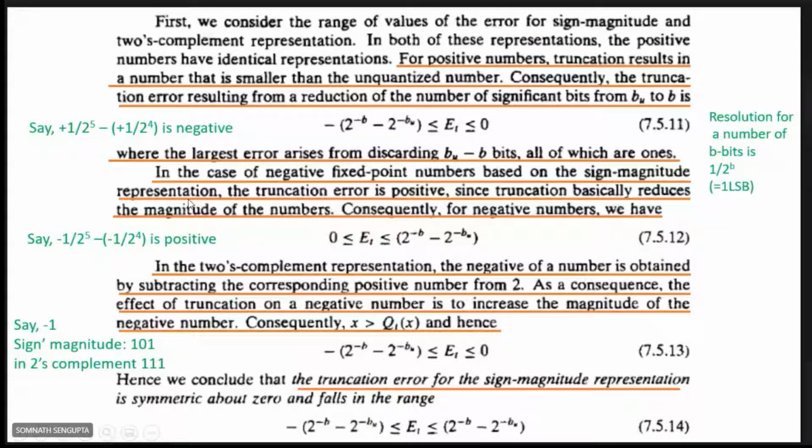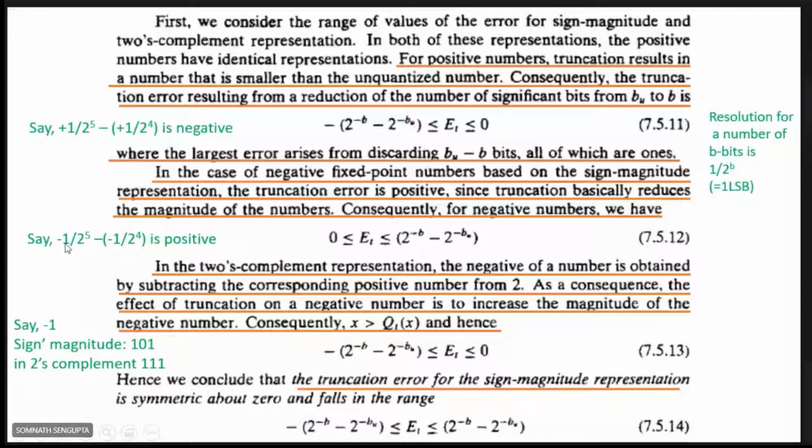Now, in the case of sign magnitude representation and negative numbers, the earlier one was for positive numbers. Truncation error is negative in the case of positive numbers, but truncation error is positive in the case of negative numbers.